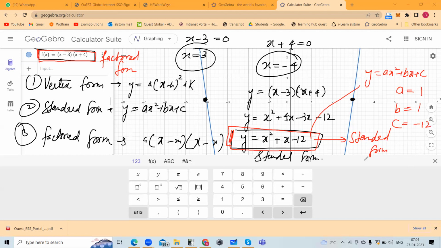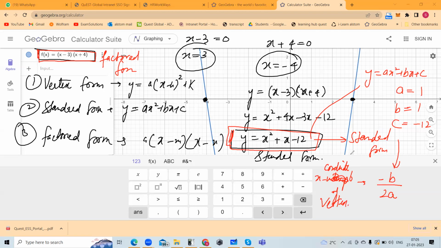The shortest possible way of getting the x-coordinate of the vertex is a formula taken from this a, b, c, which is simply negative b divided by 2a. Sorry, not x-intercept, this is to get the x-coordinate of the vertex.